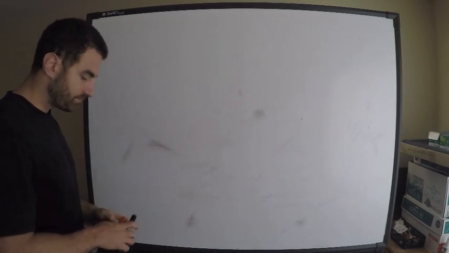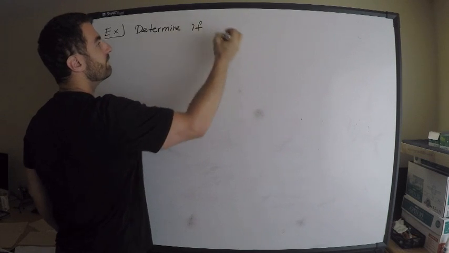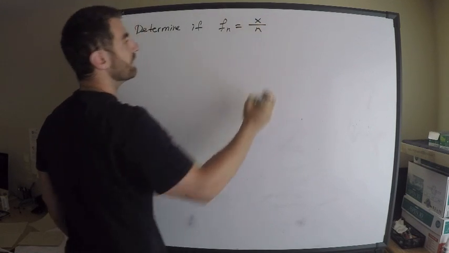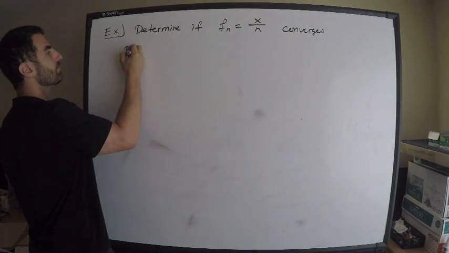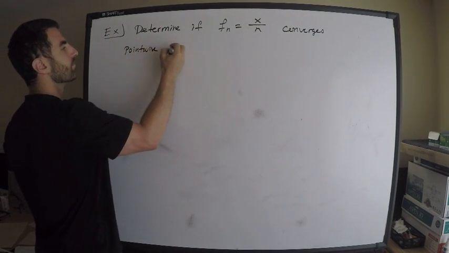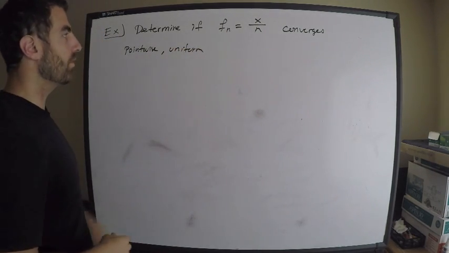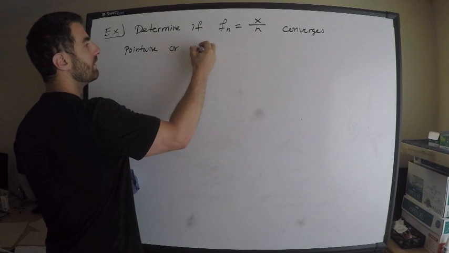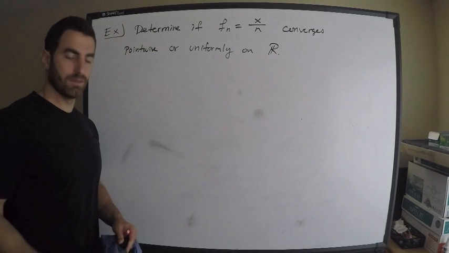Here is the situation. I want to determine if the sequence of functions, let's just say f_n equals x over n, converges pointwise or uniformly on R. Okay, real numbers.